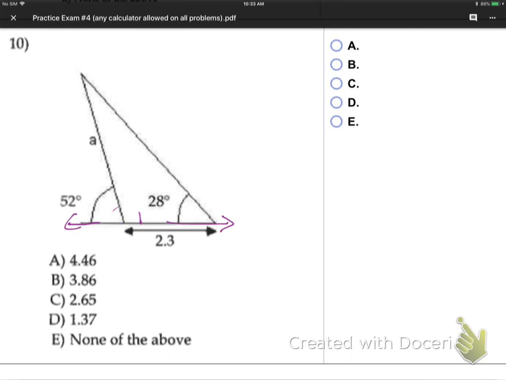So if I subtract from 180, this angle here must be 180 minus 52, which is 128. Yeah, that's got to be 128 degrees. That angle there is 128. And now, how can I find this angle up here?